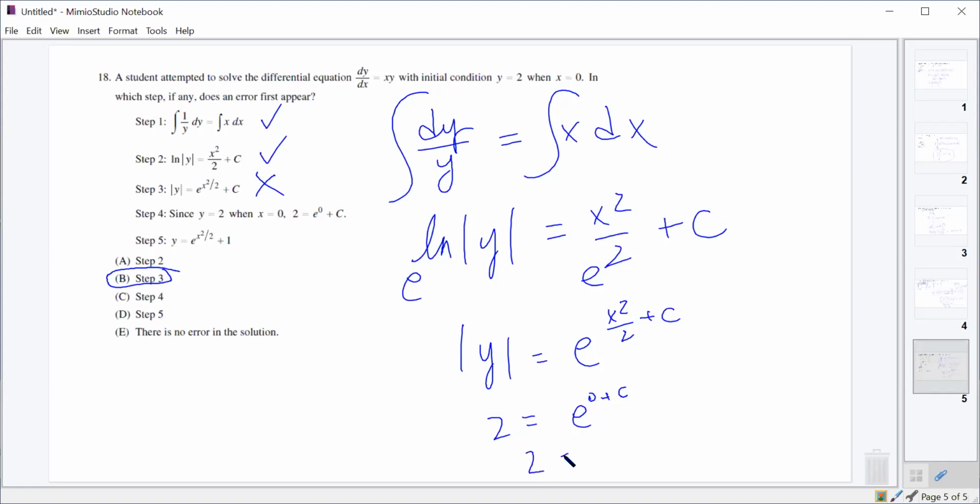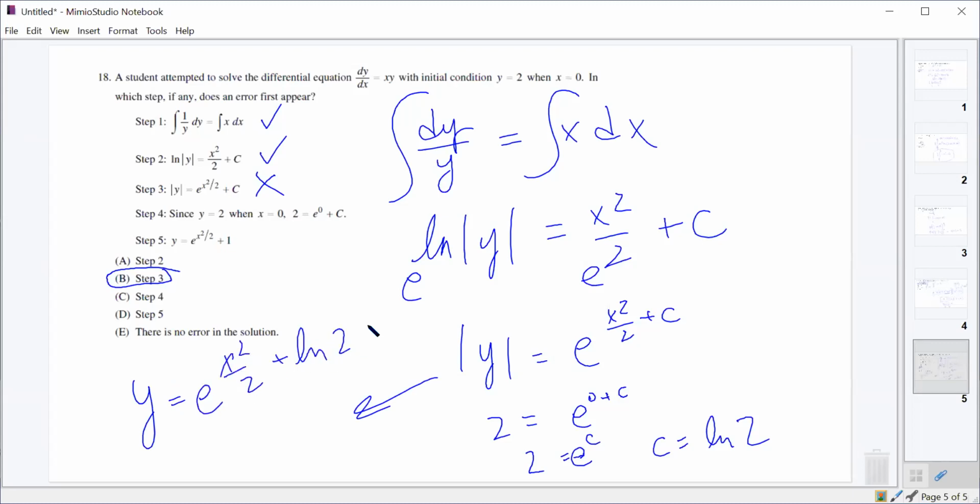So 2 is equal to e to your constant, so your constant is equal to the natural log of 2. And then you just plug it in up there. So you'd have y is equal to e to the x squared over 2 plus ln 2. And you didn't put that as your final answer. Does that make sense or no? That does. Thank you.